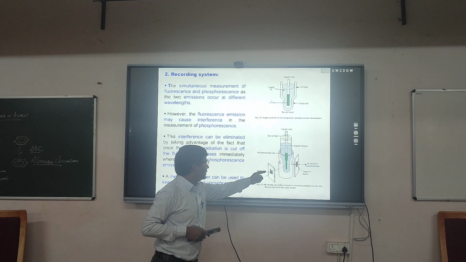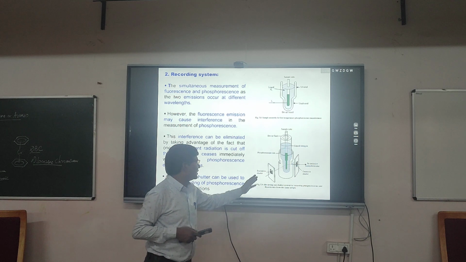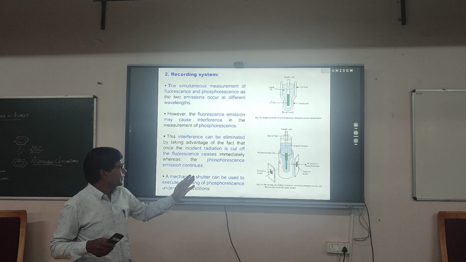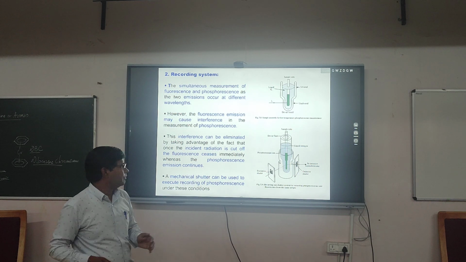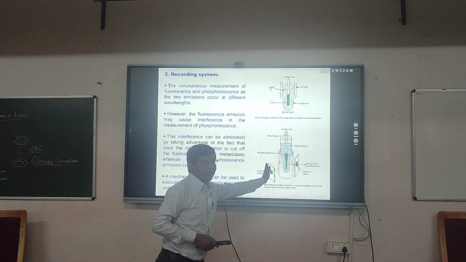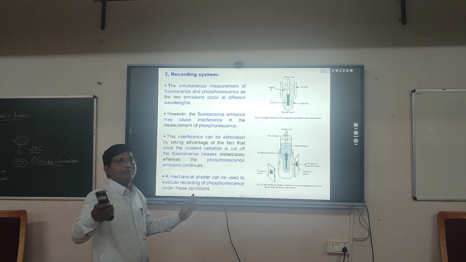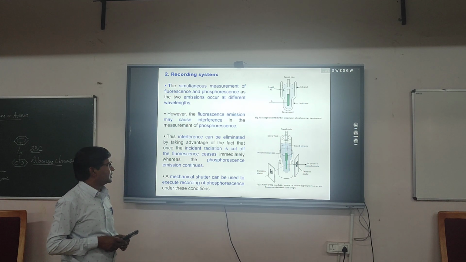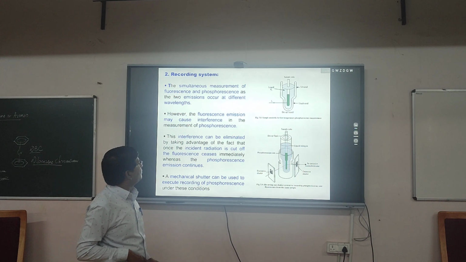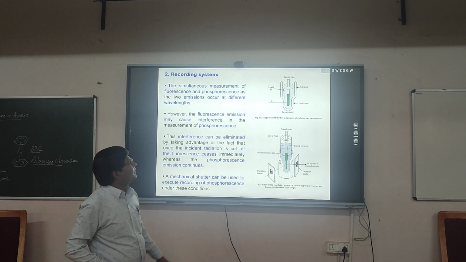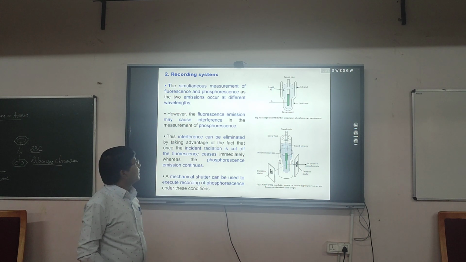If you don't put the excitation shutter off, there will be a continuous fluorescence process. So we have to cut the excitation radiation to the sample. Then after the cutting, the phosphorescence process takes place. Okay, so this is the important parameter, and we have to put the sample in a liquid nitrogen vessel.